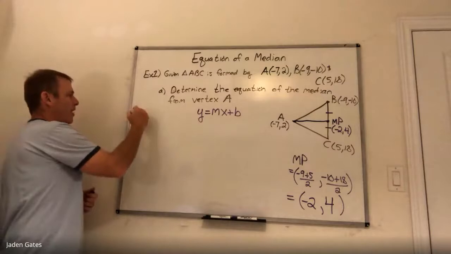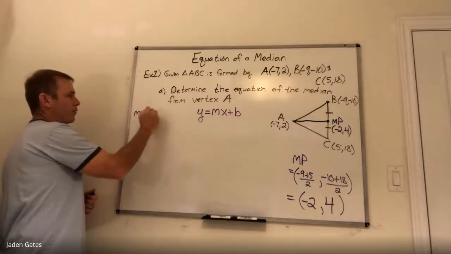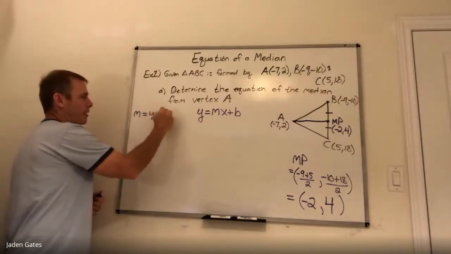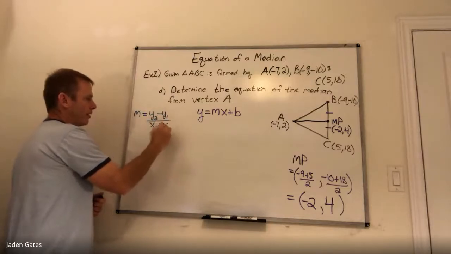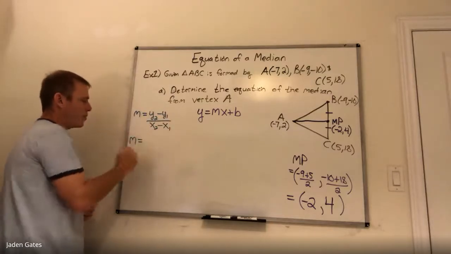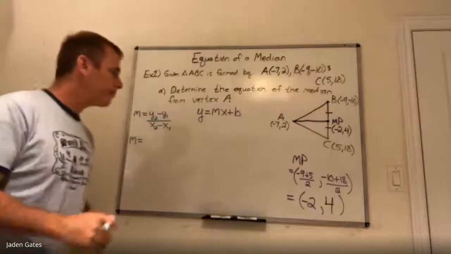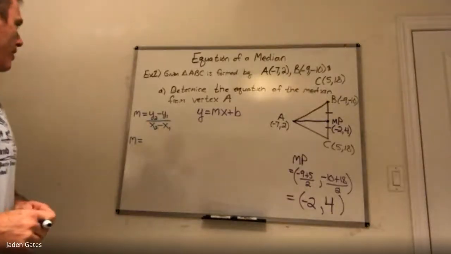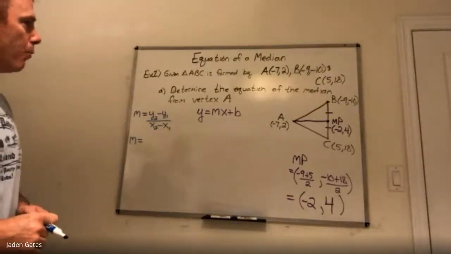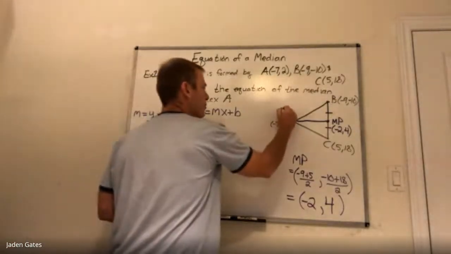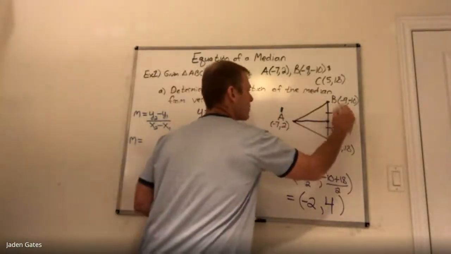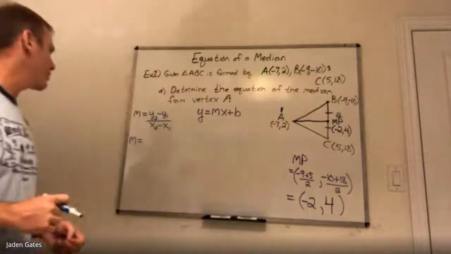I'm going to find the slope by using m equals y2 minus y1 all over x2 minus x1. So that stuff's from unit 1. It's coming back again. Now I've got to label 1 point my first point, 1 point my second point. So I'm going to say that A is my first point, and the midpoint here is my second point, to straighten things out.